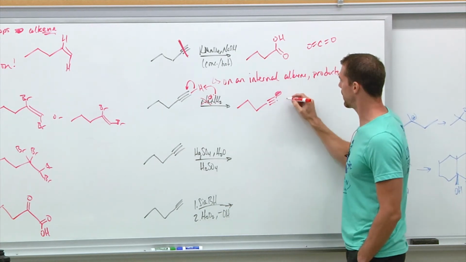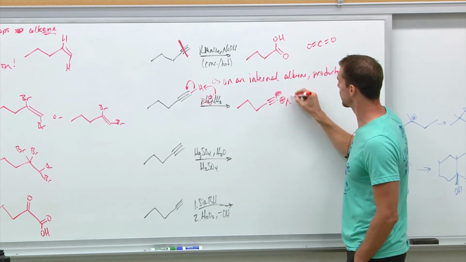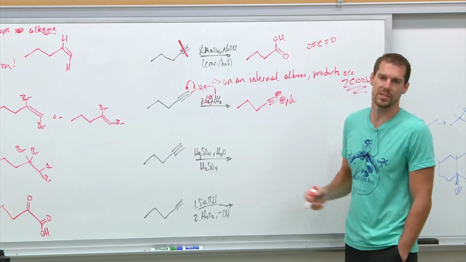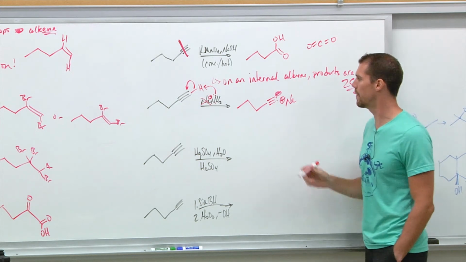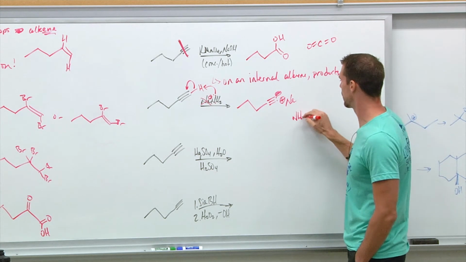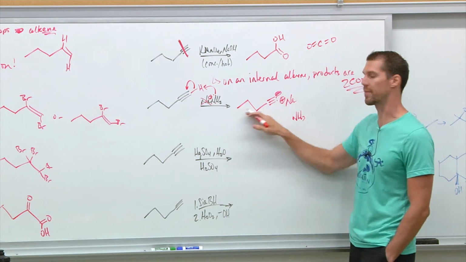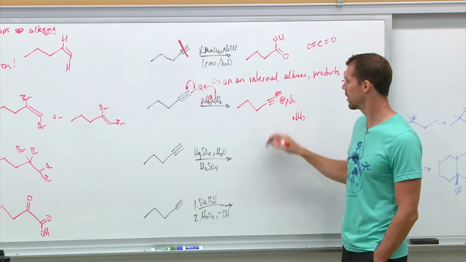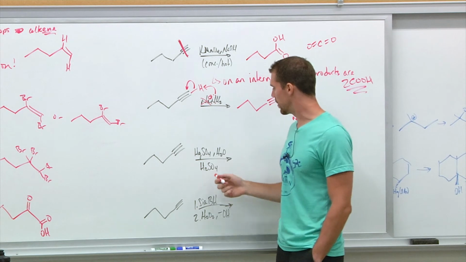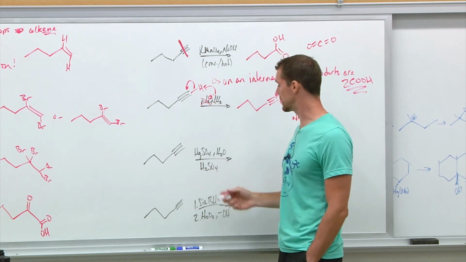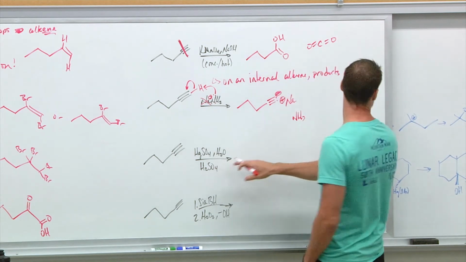And then our spectator sodium is just nearby. And then we'll get NH3, but we don't really care about that. We care about this. This is what you get, a carbanion here. This results in, this is Markovnikov.